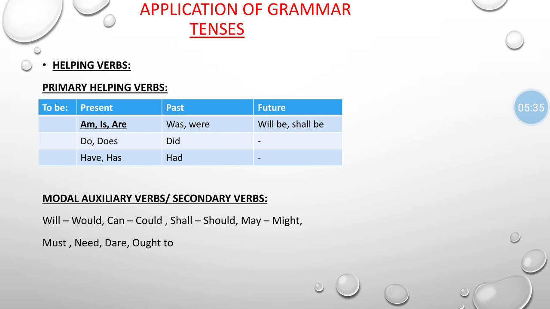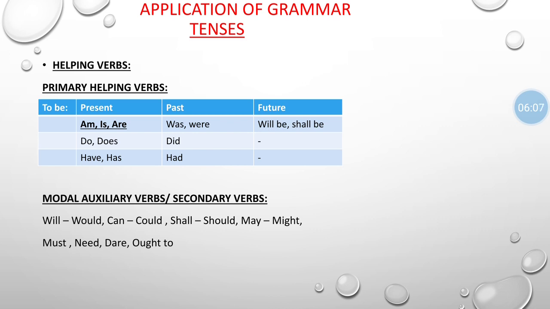The primary auxiliary verb is also called a dual helping verb because it is used in the sentence as a main verb as well as a helping verb. It has both functions, as a helping verb or as a main verb in the sentence. Then secondary auxiliary verbs or modal auxiliary verbs: will, would, can, could, shall, should, may, might, must, need, dare, ought to.